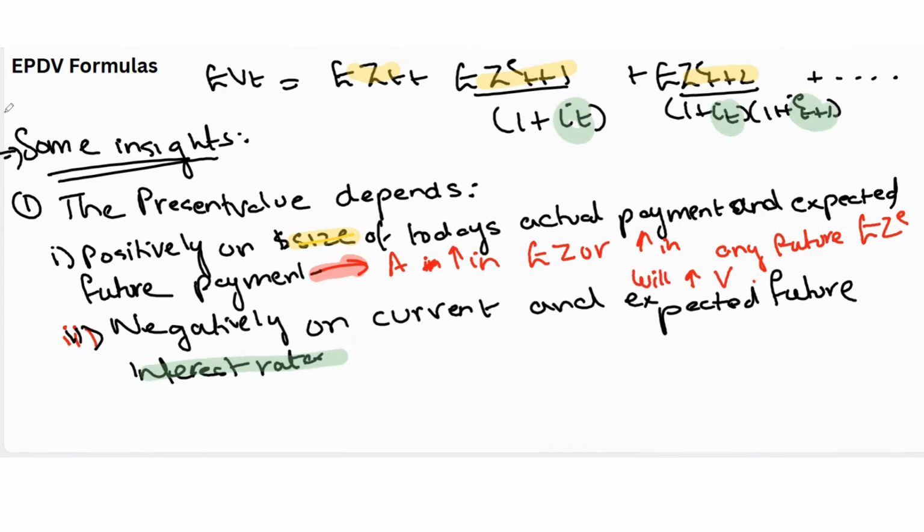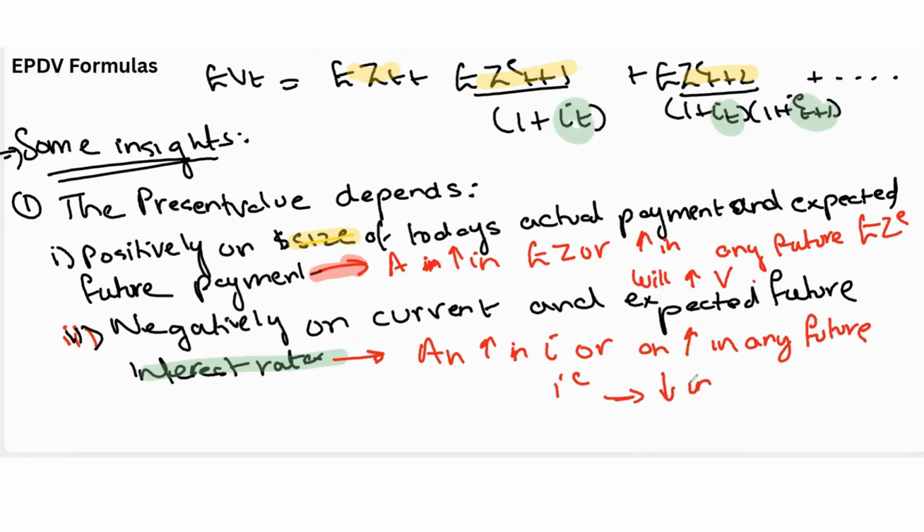We can see over here, because they are in the denominator, that an increase in i or an increase in any future i^e would mean a decrease in V. So the present value that you calculated depends positively on the current payment and future payments, which appear in the numerators, and it depends negatively on current and expected future interest rates, which appear in the denominators.